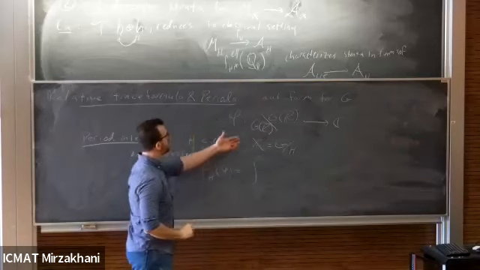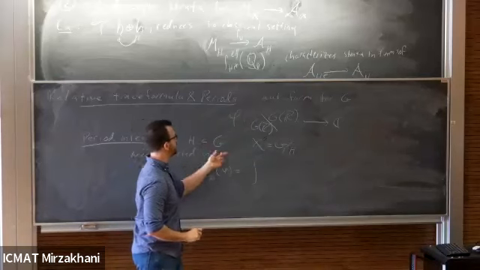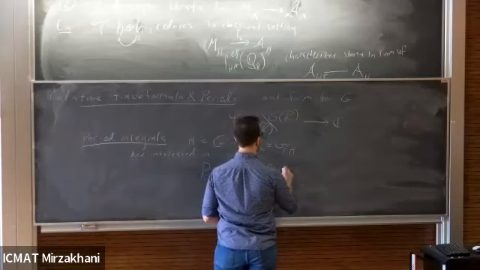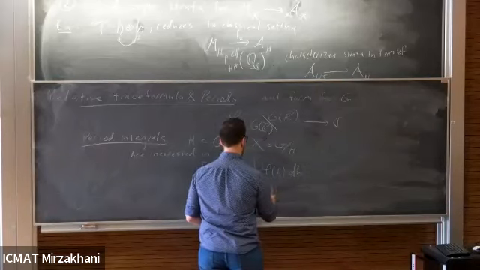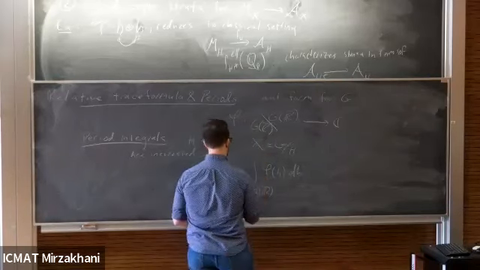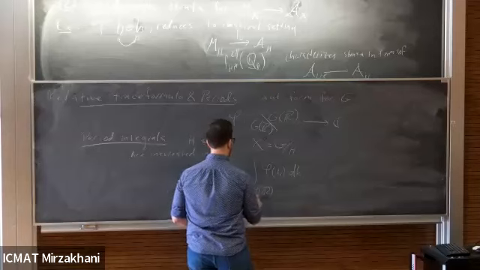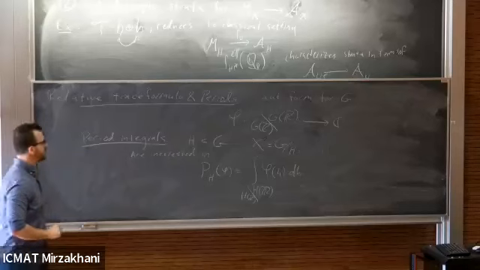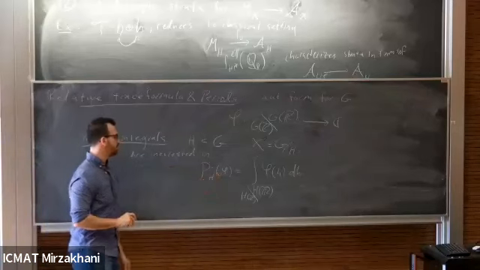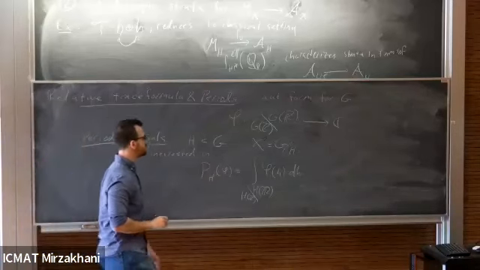Morally, I have this inclusion of H, and so I can take my function, pull it back to H, and then try to integrate. And the invariance will line up so that I can mod out by the lattice in H. This is the archetypical thing that you're interested in studying.